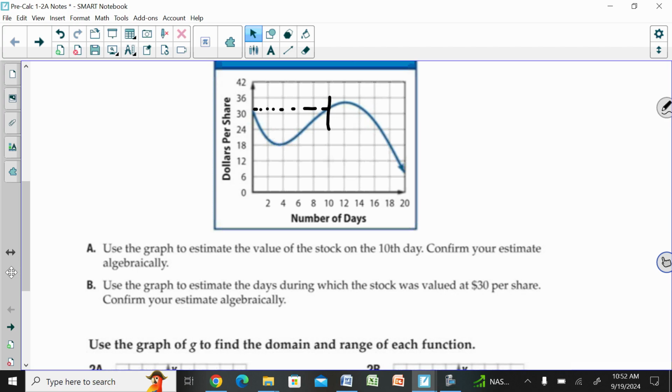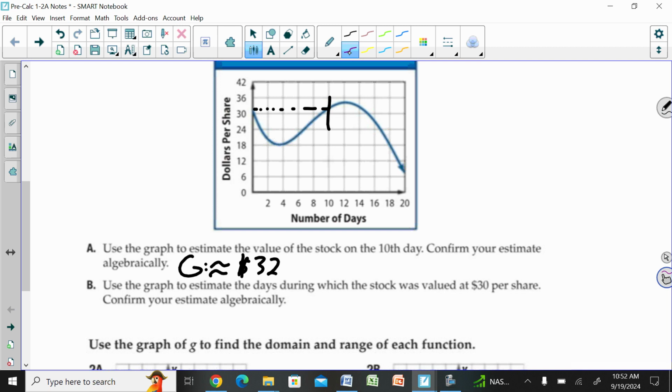I would say the value on the graph is approximately $32. All right, now we're going to confirm it by using algebra.